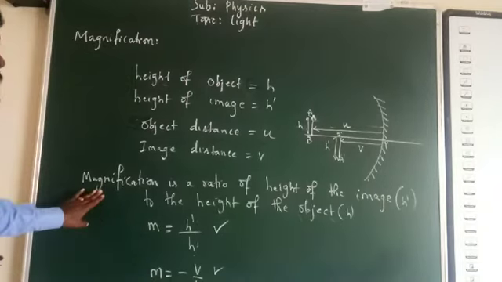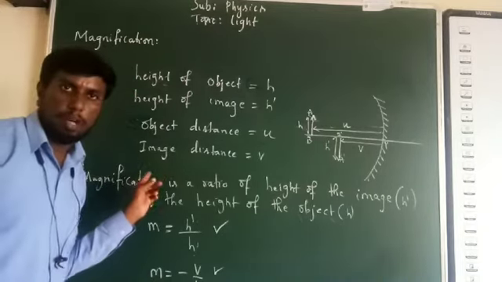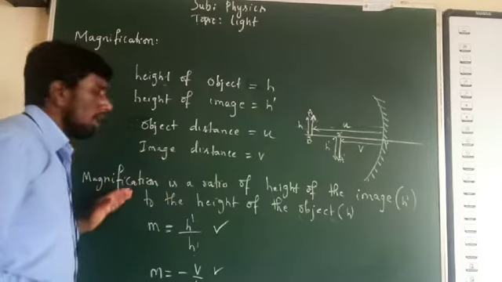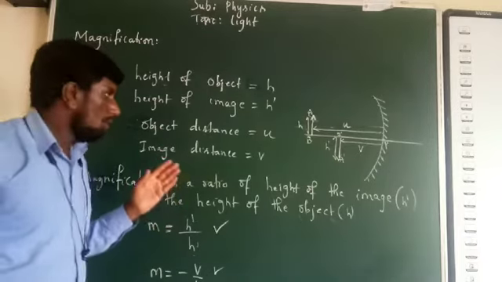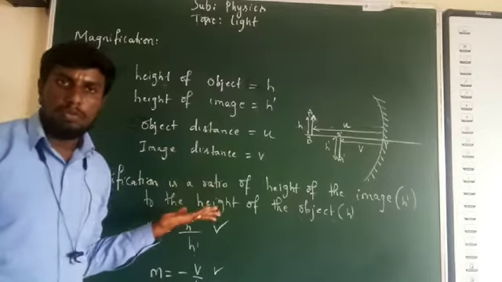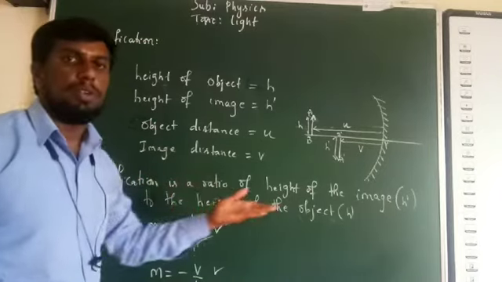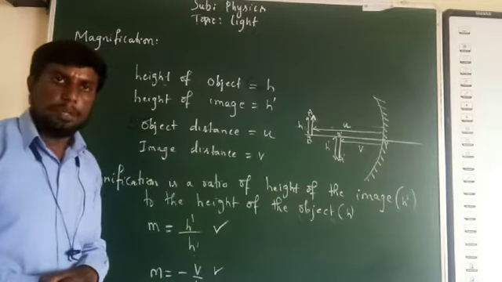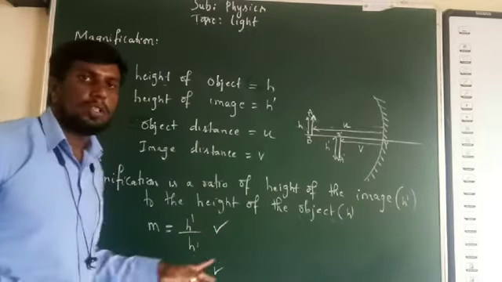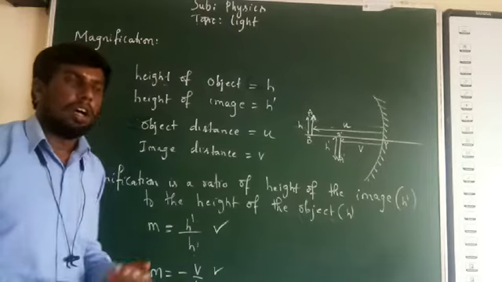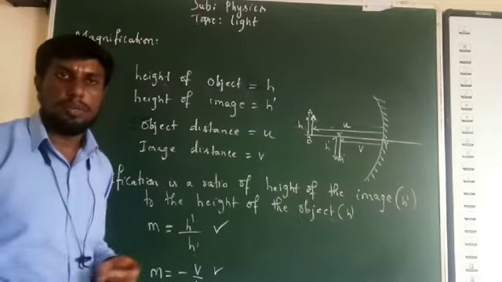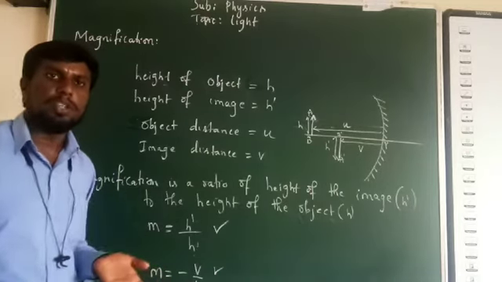Now, you know the magnification and you know the mirror formula. By knowing the mirror formula and magnification, we don't need to draw ray diagrams, and we don't need to do practical experiments. Just by using these two concepts, we can define the nature of the image, the size of the image and the position of the image.